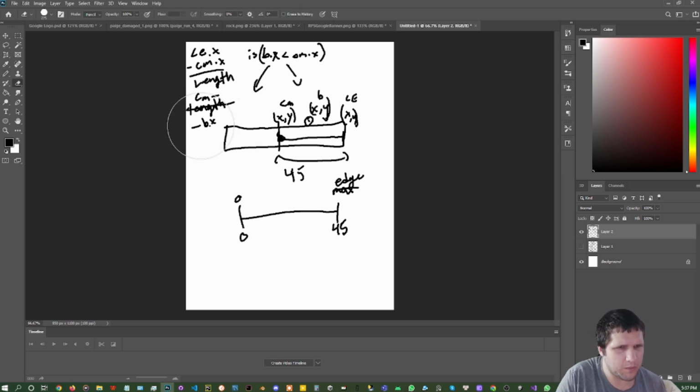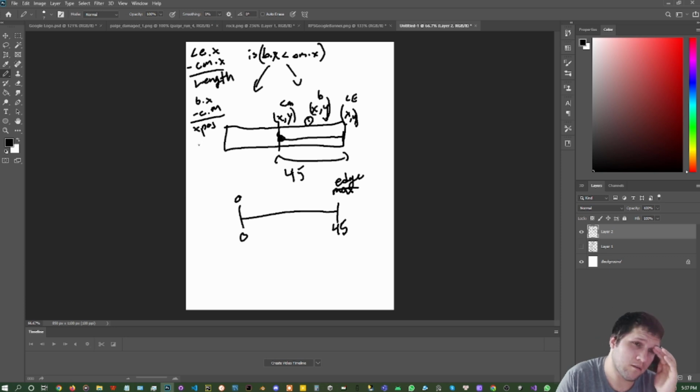No, this would also be b of x divided by c of m, or sorry, subtracted by c of m. So then we have the b dot x minus c dot m, and we get the x position, and then, well, let's try to write this out.